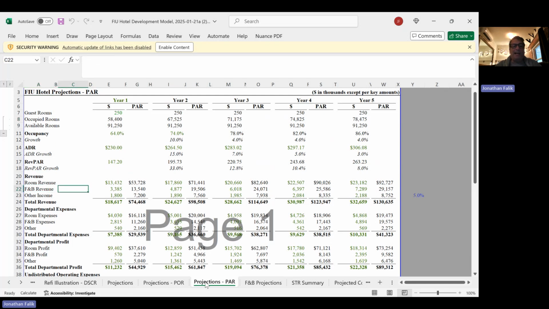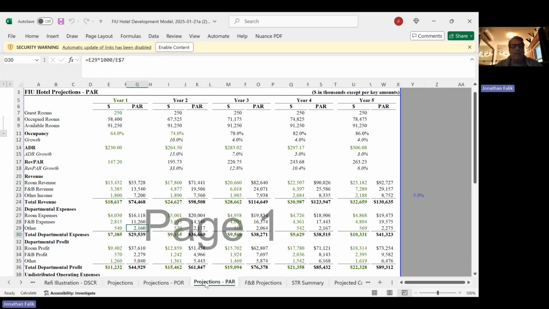Same exact dollars, and when we show revenue per available room, it's 13,432,000 divided by 250 rooms. Okay, so this does not factor in occupancy, right? You could be 30% occupied, you could be 70% occupied. The calculation is using the full 250 guest rooms.